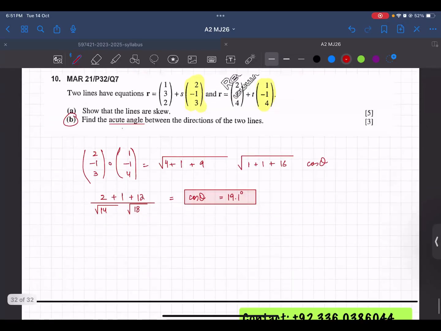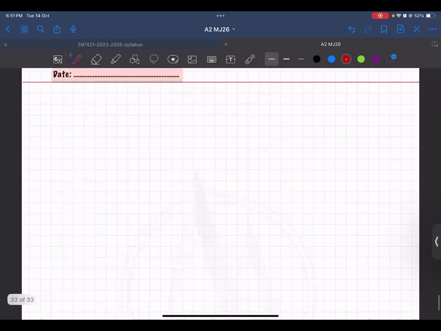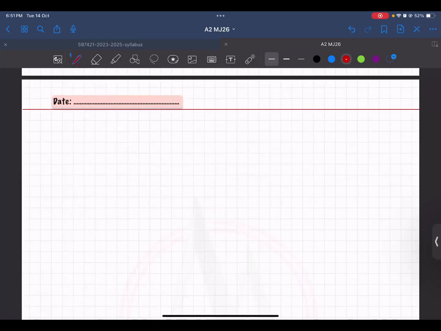Next thing in vectors is simultaneously solving two equations of 3D line.